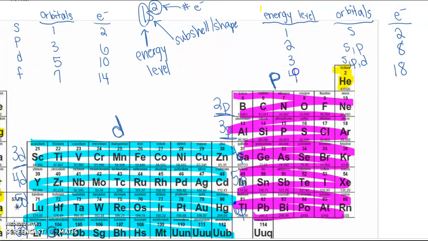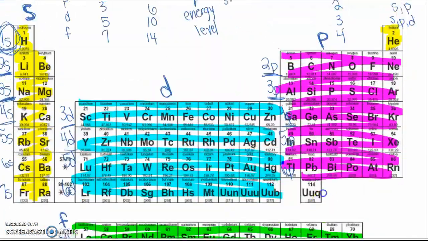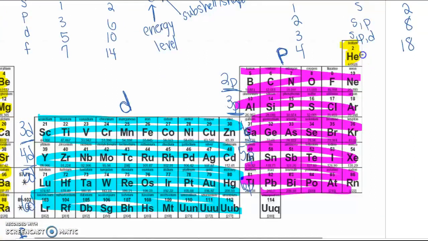If we look at the fourth energy level now, there's an S, a P, a D, and now there's an F. So S, P, D, and F. That's 2 there, 6 there, 10 there, and 14 there. If you add that up, that's going to give you 32 electrons.